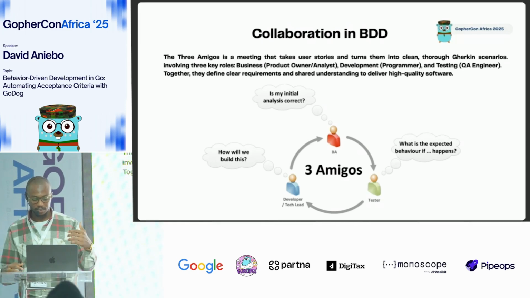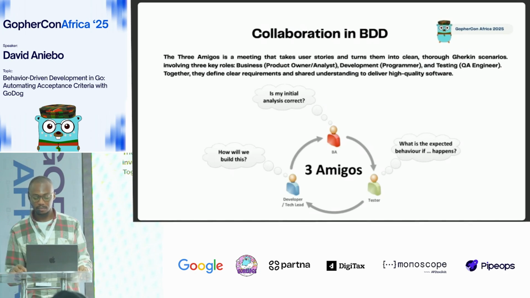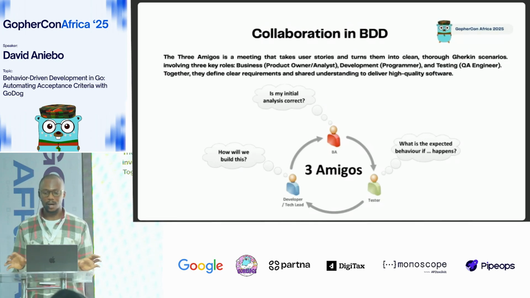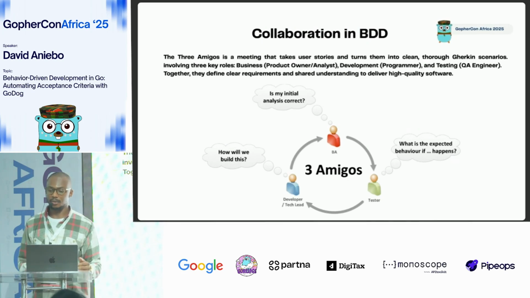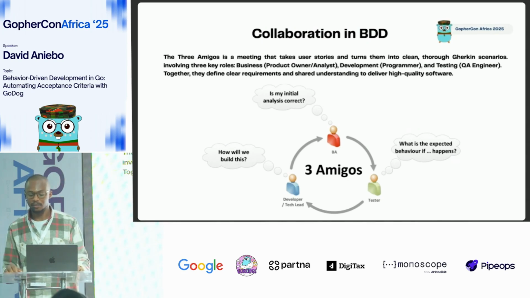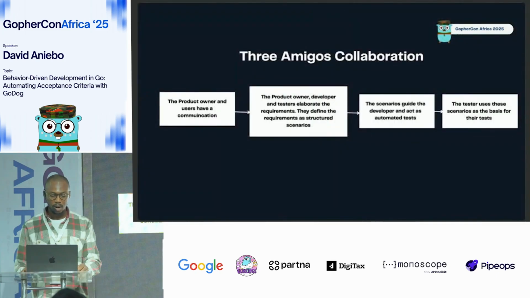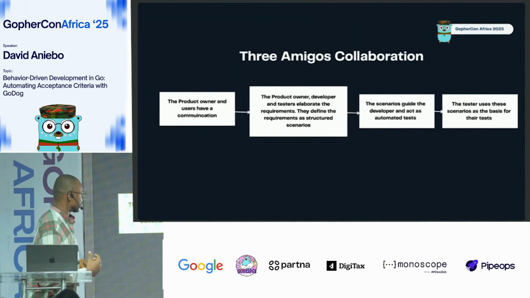So the developer brings the implementation plan on how to solve the problem, and the testing team asks what the expected behavior is if something happens, what can go wrong. Basically they check that this meets the required standard and the specification outlined during the formulation stage in the behavior-driven process.